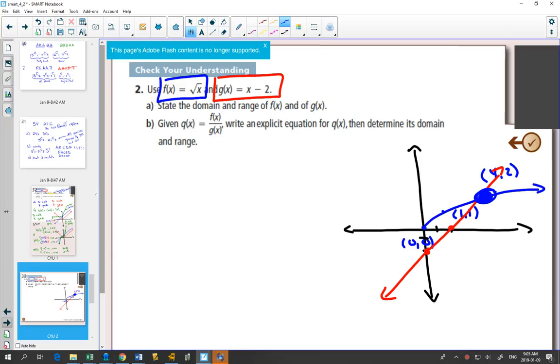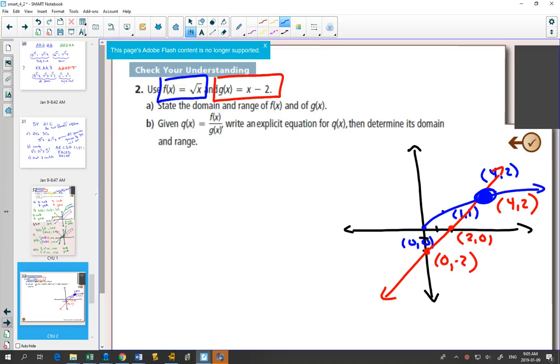So the red one, we could have our y-intercept at 0, negative 2. We could have our x-intercept at 2, 0. And we also have, hard to miss that point, 4, 2. So those are our two graphs.